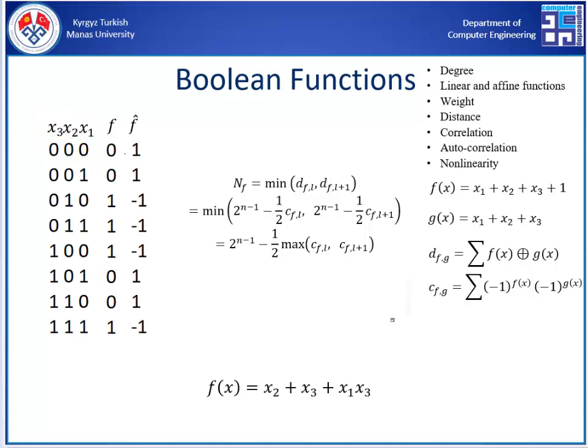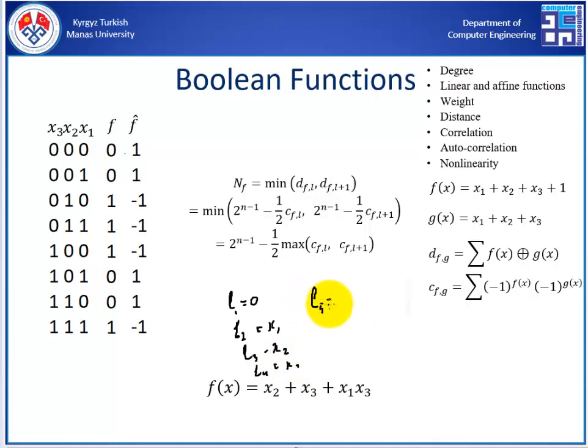But this task is going to be a bit hard, because if we start counting all the linear functions, then we are going to have a linear function L1 which is equal to 0, L2 is equal to x1, L3 is equal to x2, L4 is equal to x3. Then we are going to consider all their combinations.